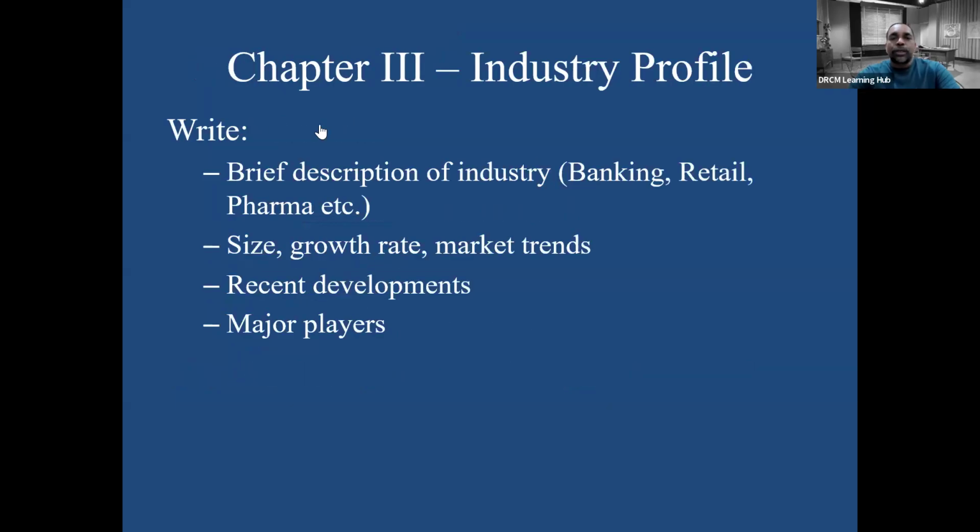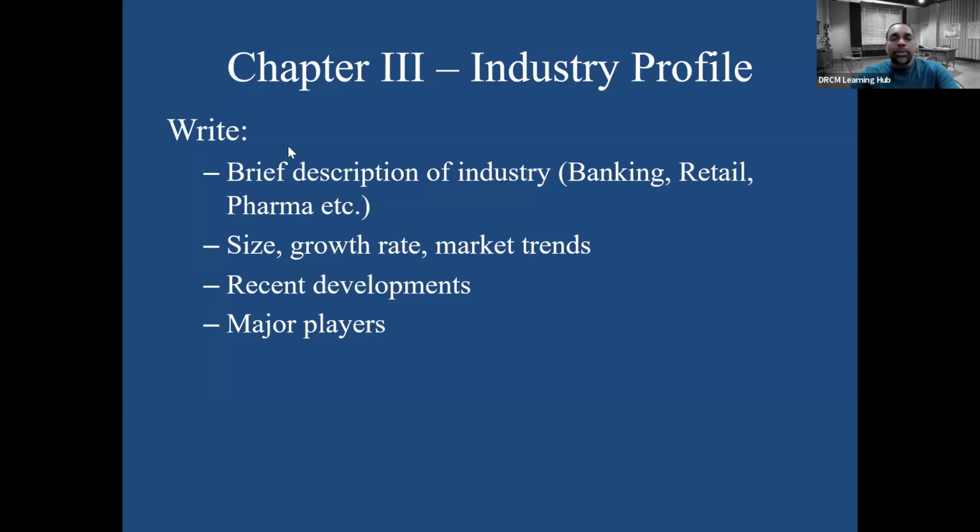So now moving into the third chapter, industry profile. Industry profile, what to mention means you are bringing entire Google data and dumping here. Don't do that. Write only a brief description about the industry. If it is a banking industry, take a brief about the banking industry. If retail industry, bring a brief description about the retail industry.